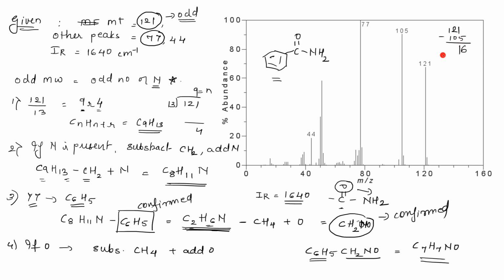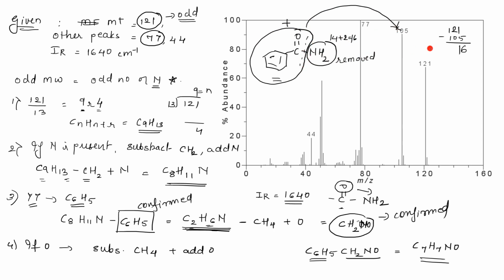If you subtract the fragments, what you get is 16. What is this 16? If you break this, 14 plus 2 is 16. That means this part has been removed, and whatever is left remains as a cation, and this cation peak is 105.